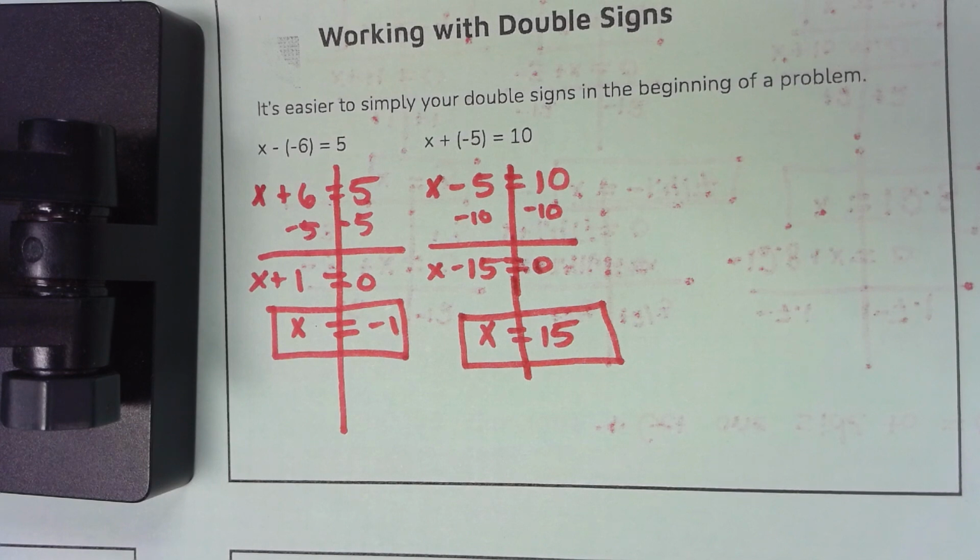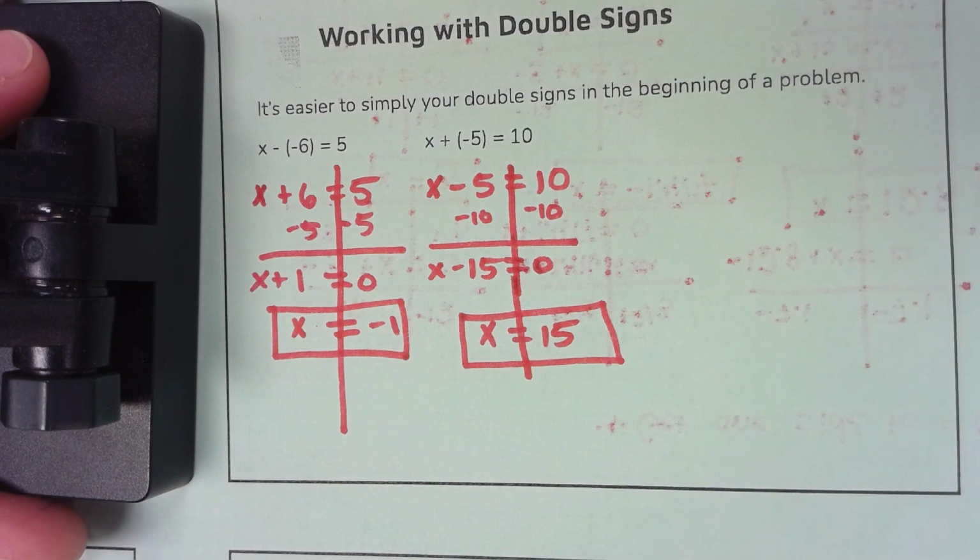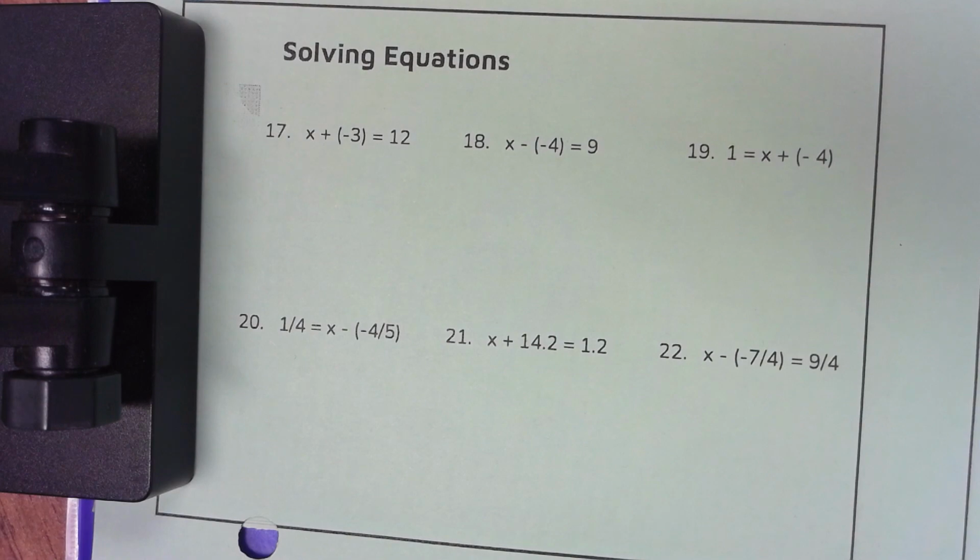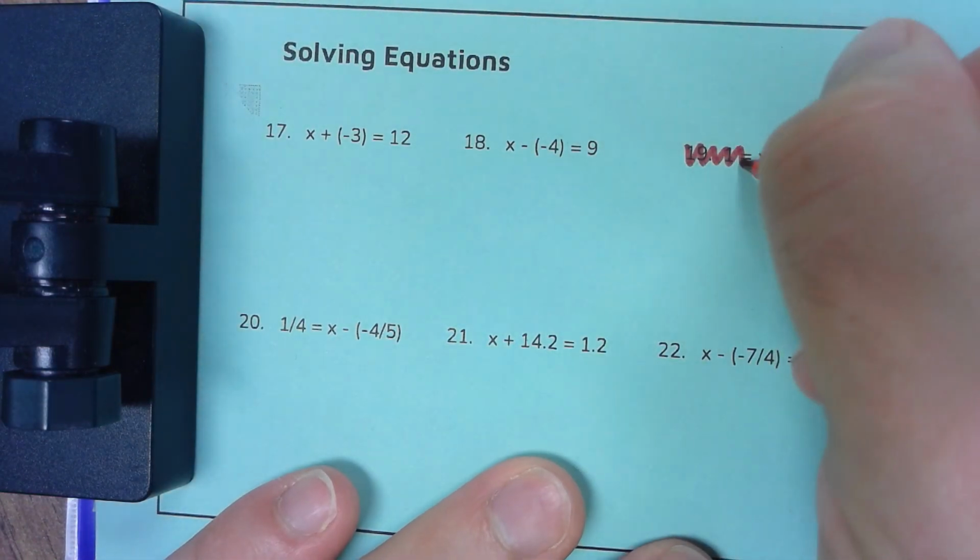Okay, we're going to get rid of some of the problems that you need to work on, at least for the notes. So let's get rid of 19 and 22. We'll do 4 more.